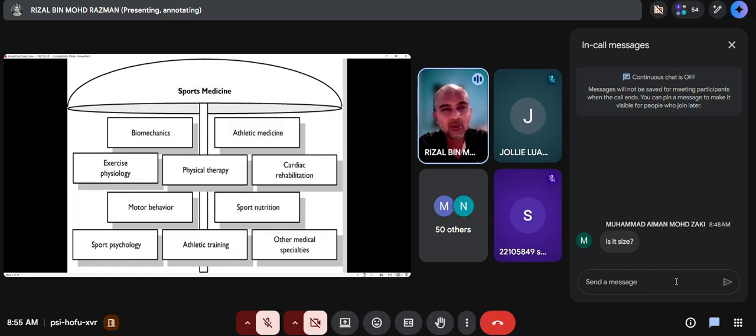We try to understand the human body and we try to fix it when something breaks, when something gets injured. But quite recently, because it's so expensive, we have shifted to, okay, let's try to not get sick, let's try to not get injured. And therefore now in sports medicine, biomechanics is very big.